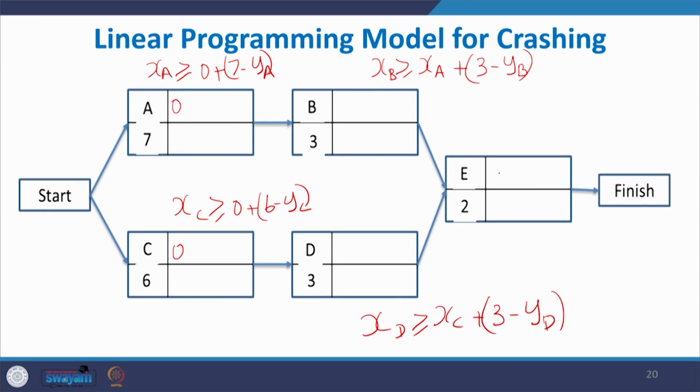Now, we have to write for activity E. Generally, the largest value of the latest finish time will be the earliest starting time. We are going to write it for both the activities, because we do not know which is the largest one. So, there will be two equations. What are the two equations? XE will be greater than or equal to the earliest starting time, it may be XB plus 2 minus YE, that is one possibility.